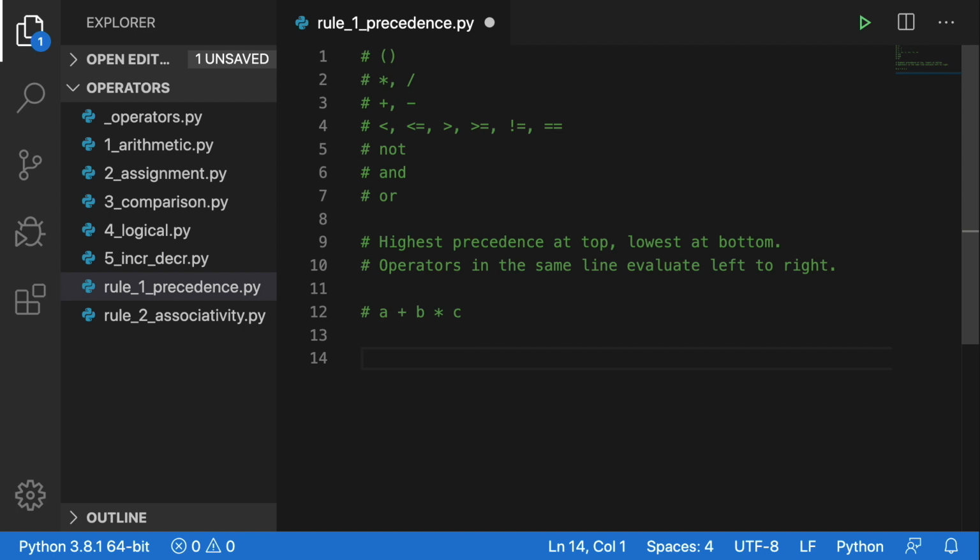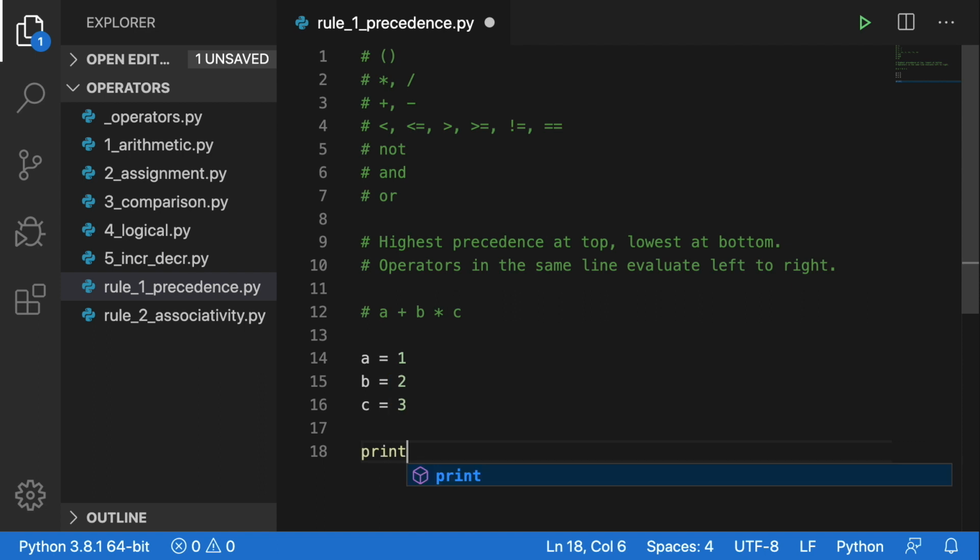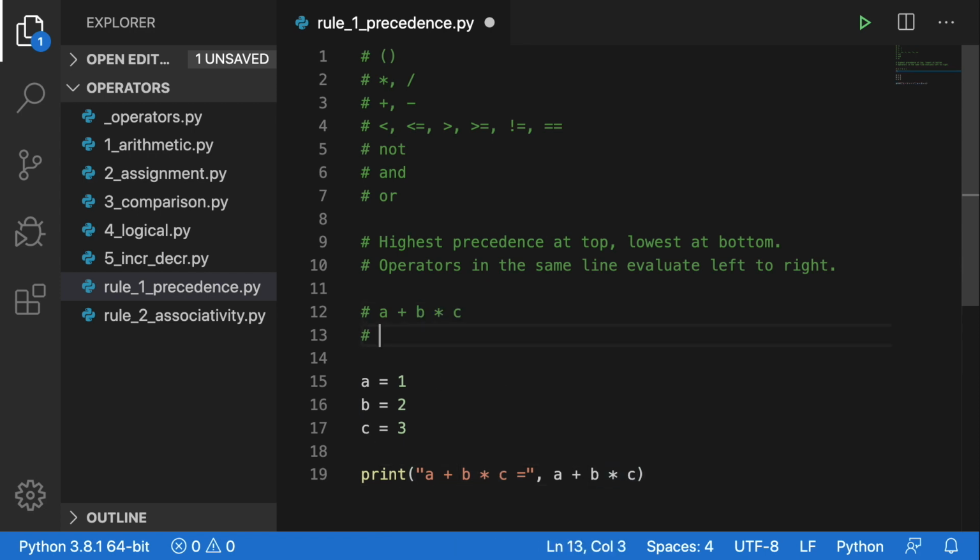To see this in real life, just create these variables, A, B, and C. So A plus B multiplied with C equals A plus B multiplied with C. Let's make this with the values themselves: 1 plus 2 multiplied with 3.